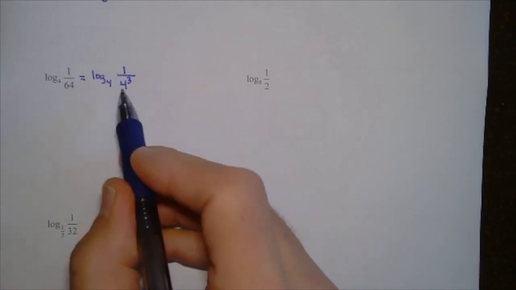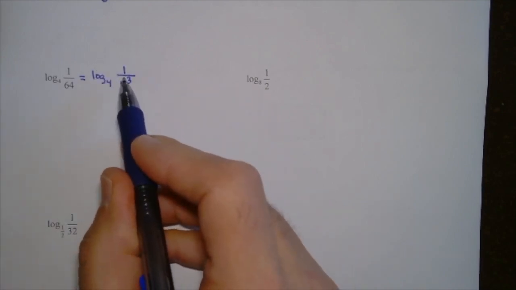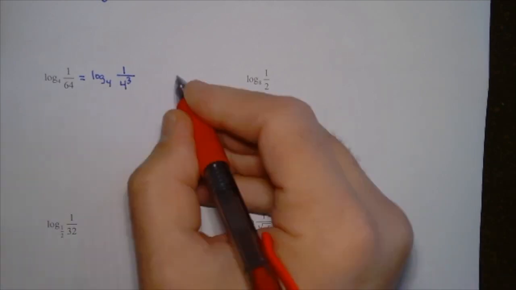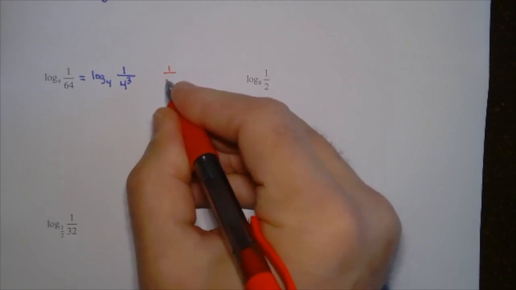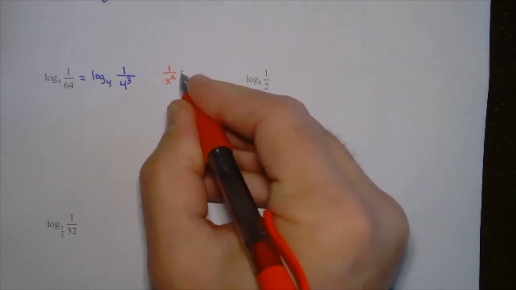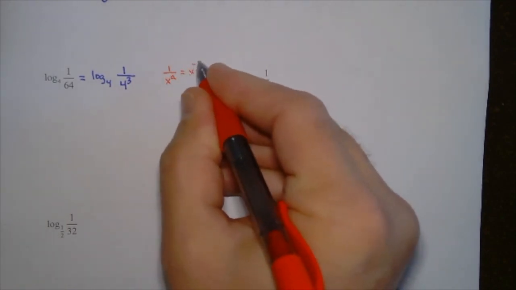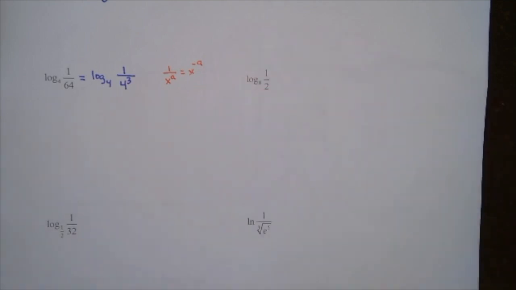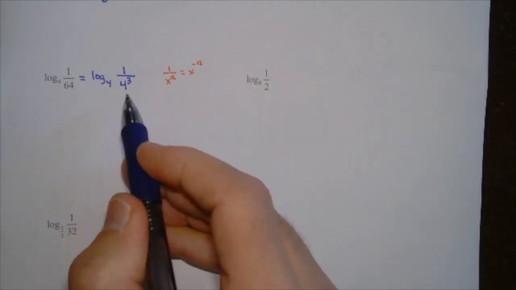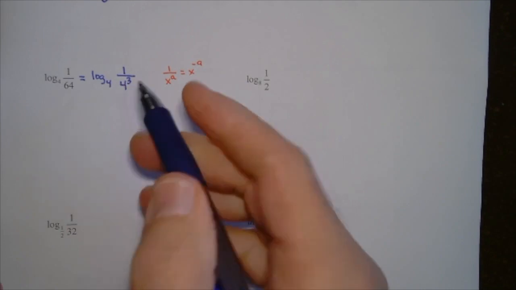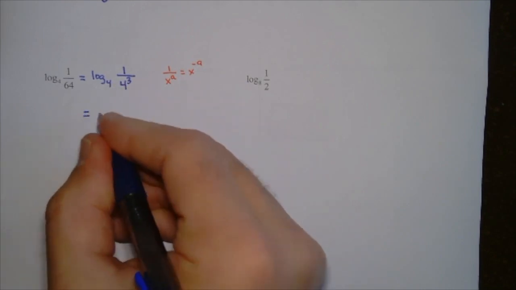So this is still 1 over 64, but they don't undo each other yet, because it needs to be 4 to a power. Well, again, we can use this idea of 1 over x to the a being equivalent to x to the negative a power. So this 1 over 4 cubed could be rewritten as 4 to the negative 3.